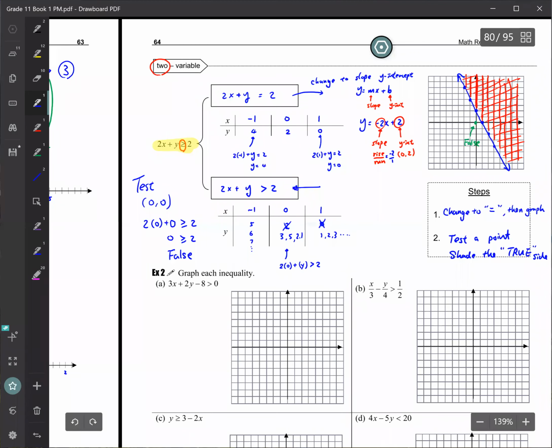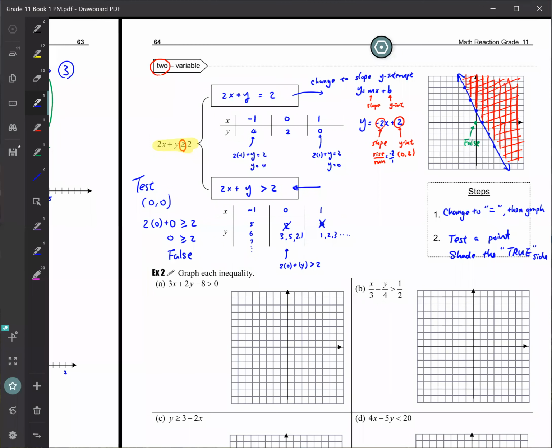In the first question we did here, we spent a lot of time making the table of values, right? And then tried out many points because it's trying to help you understand why we shade. The first table at the top is to show the boundary line, to draw the line.